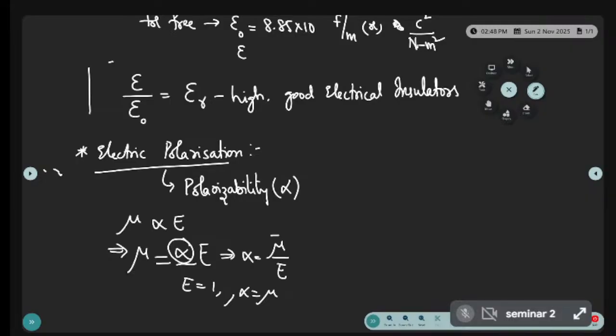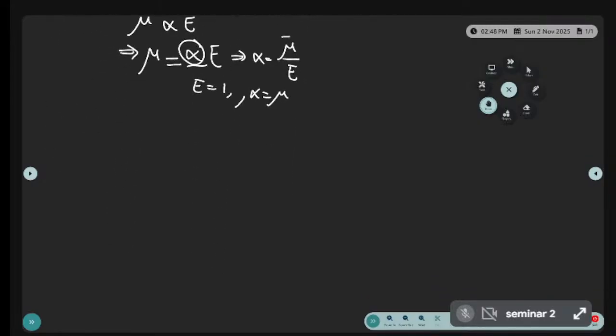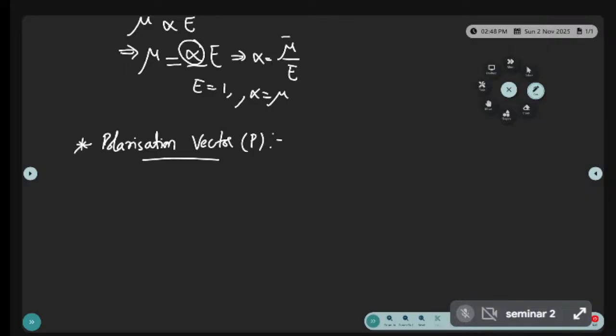Next, polarization vector, P, also called polarization density.